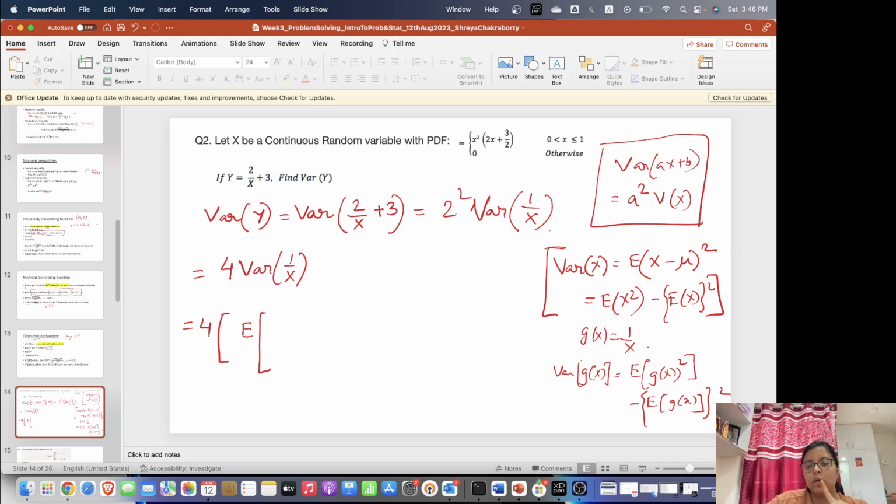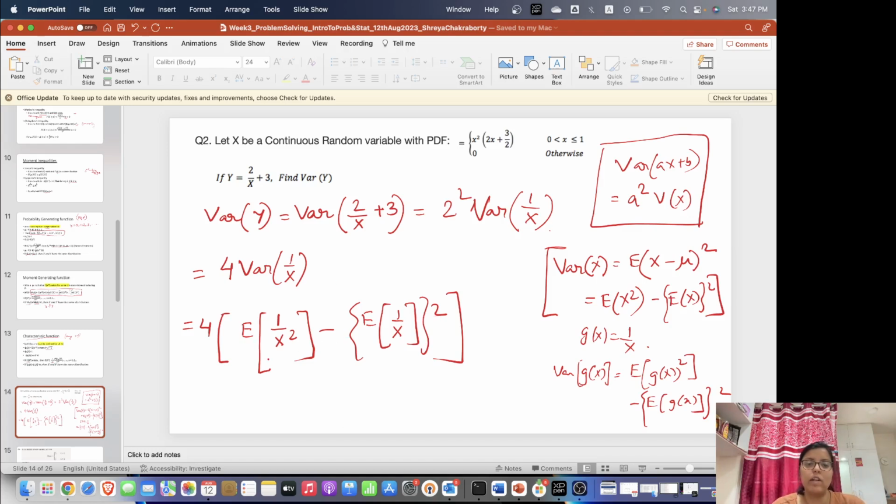So we write it as expectation of 1 by x square minus expectation of 1 by x whole square.